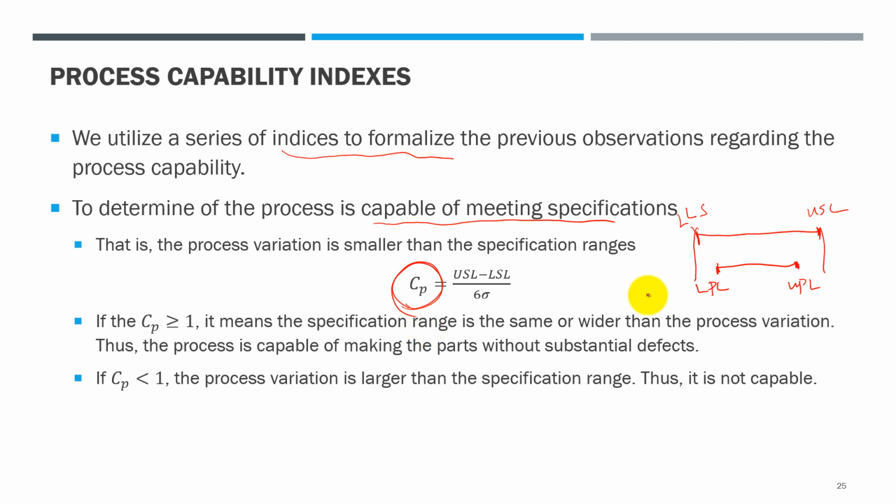However, if you are seeing something like this, where your upper limit and lower limit are much wider than the spec limit, you will certainly generate a lot of junk from both ends. So CP can tell you whether your process limit is actually narrower than the specification limit.